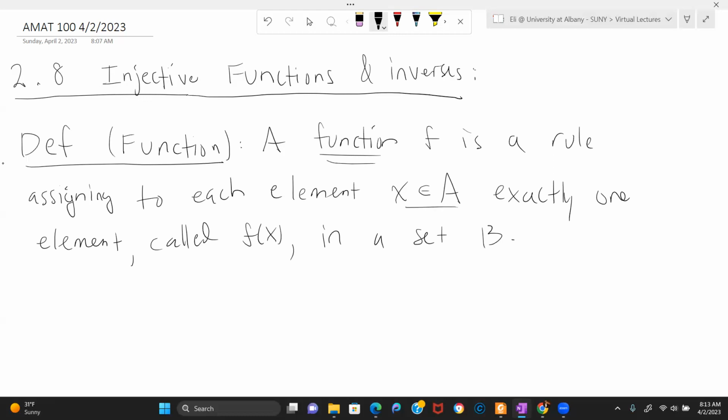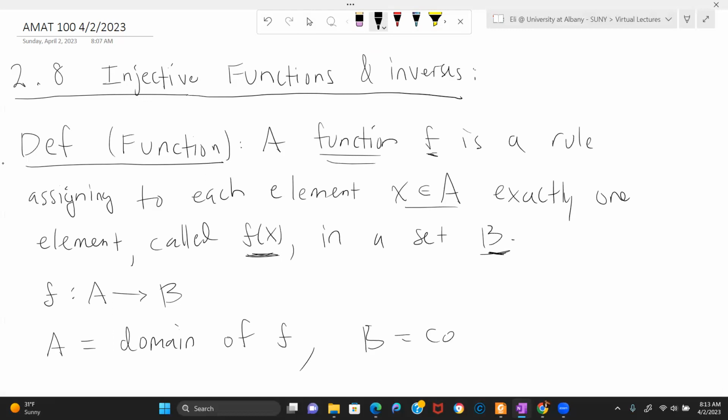So you take a point in A, you apply f, it's some rule, maybe it's squaring, maybe it's cubing, whatever, it doesn't really matter. You call the output f of x, and that output is going to be in set B. So we typically use this notation to indicate that f is a function from A to B. A is called the domain of f, and B is called the codomain of f, although that term doesn't come up as much.